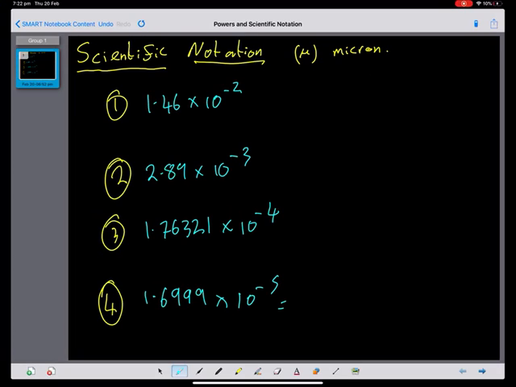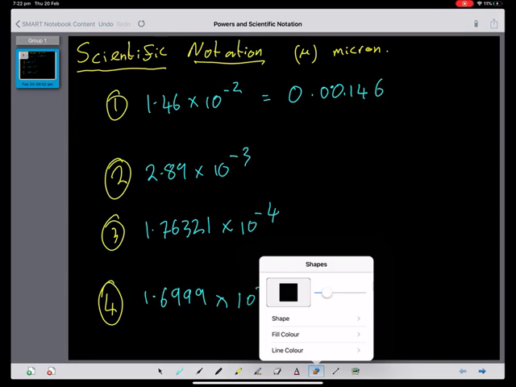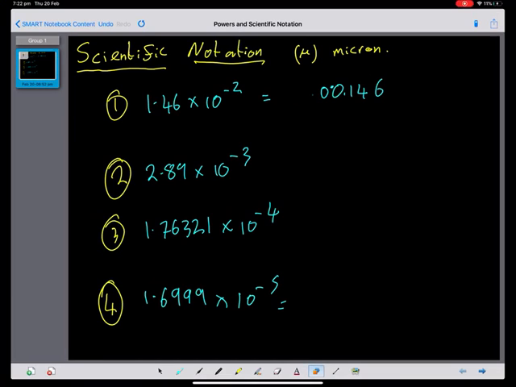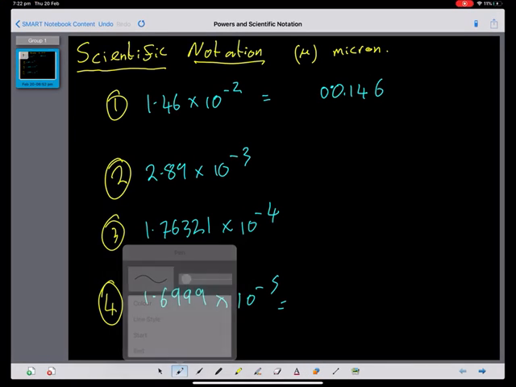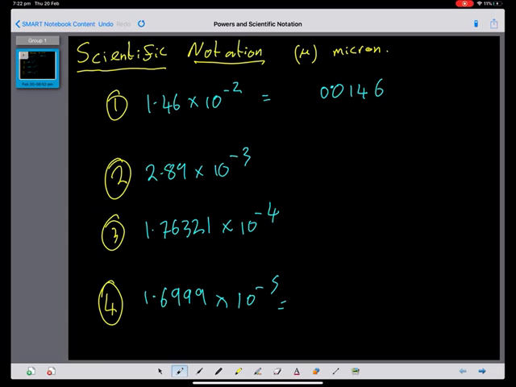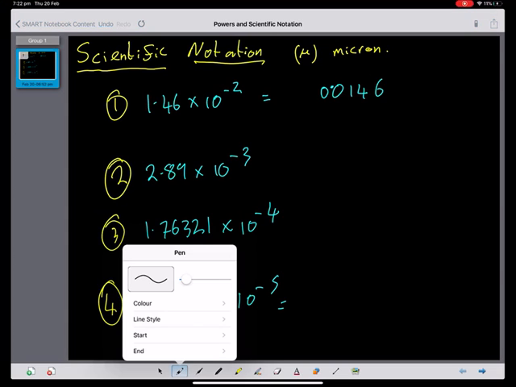Okay, so I'm going to do the first one. So it jumps 2 spaces, 0.0146. So that jumps 1 space, 2 spaces. Decimal point's going to be there. Put 1 additional 0 in. Okay, let's do the last one.